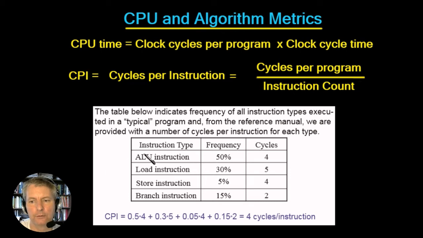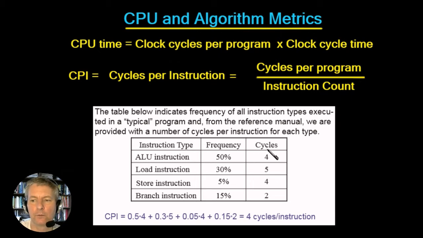So what you could do is work out an average cycles per instruction. So the average cycles per instruction would be given by something along these lines. We could work out the percentage of ALU instructions in a program and the number of cycles, and the percentage of load with the number of cycles, and the same with the store and also with the branch or the jump instructions.